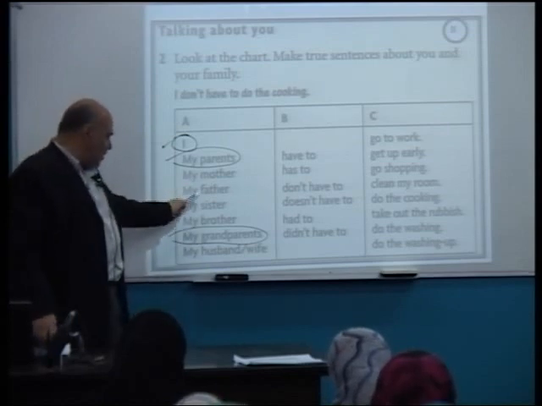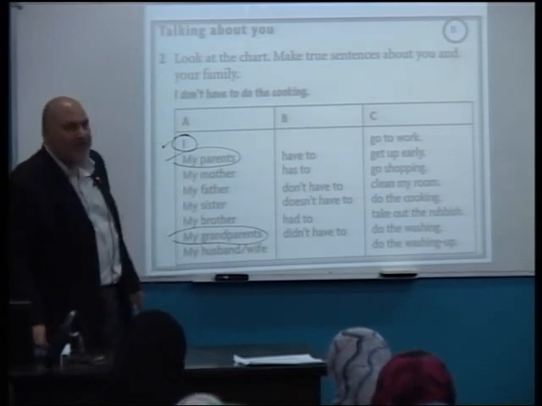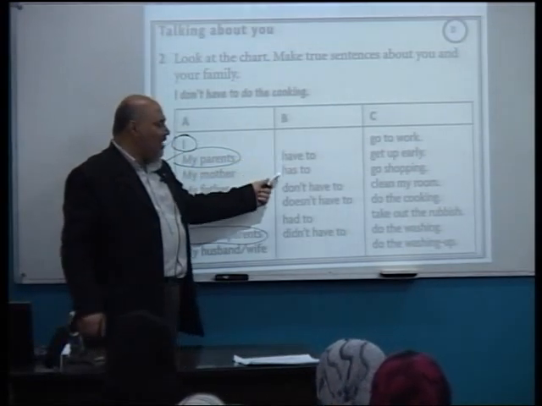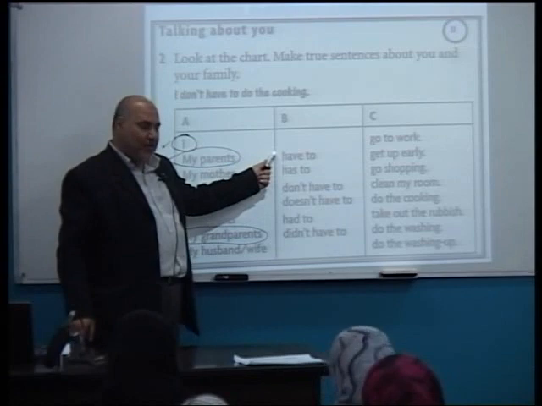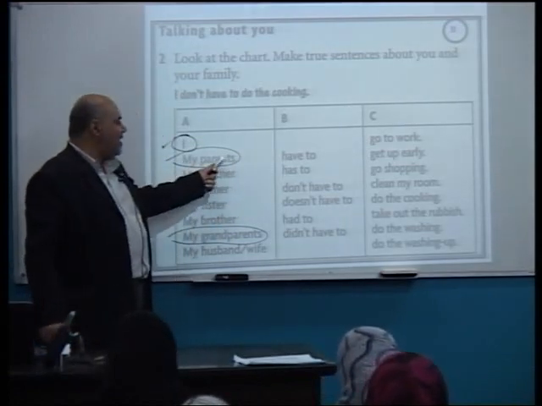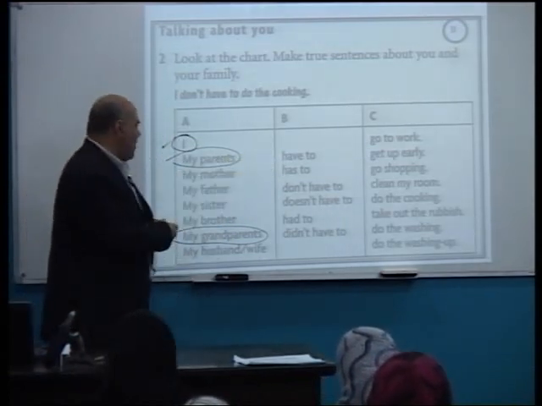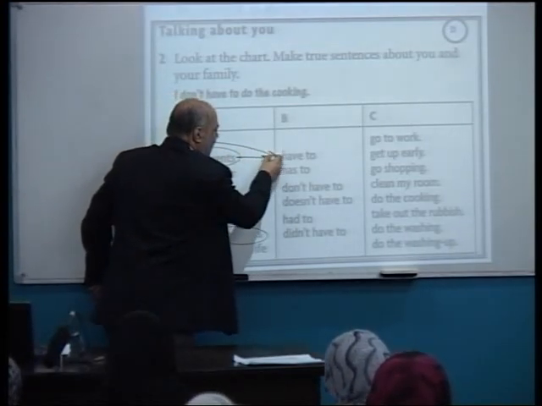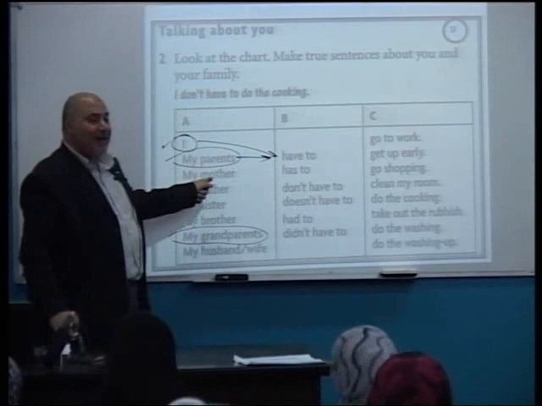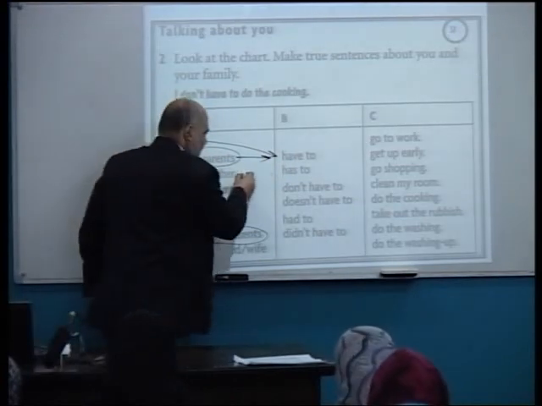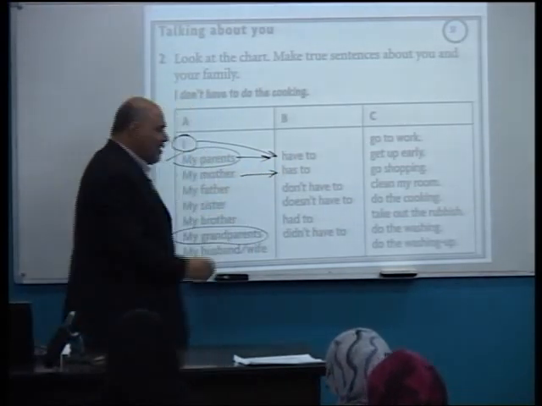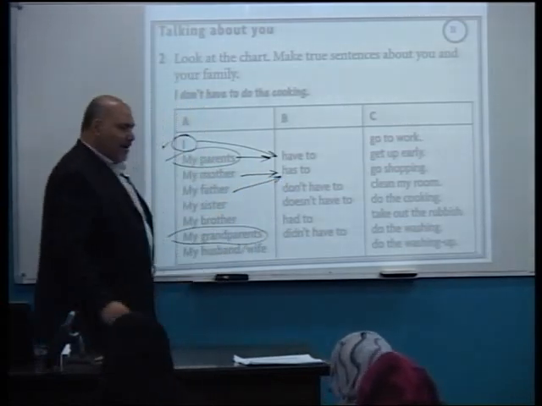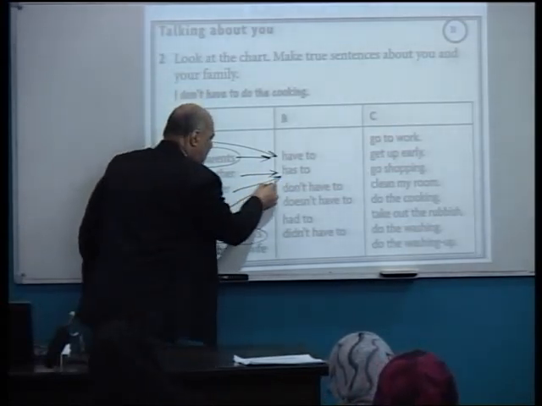But the third with S. So here, I have to or has to? Have to. My parents have to. Yes. So my parents have to. I have to. But my mother has to. My father has to. My sister has to.